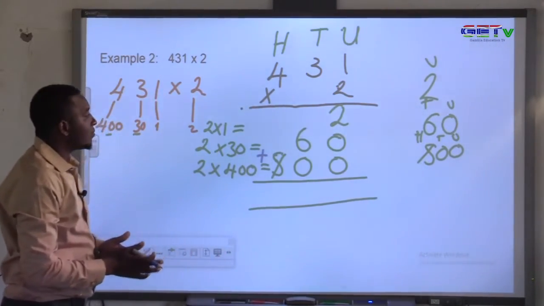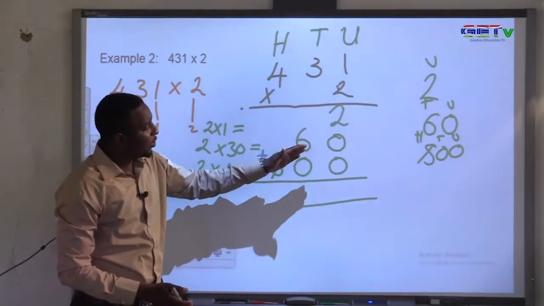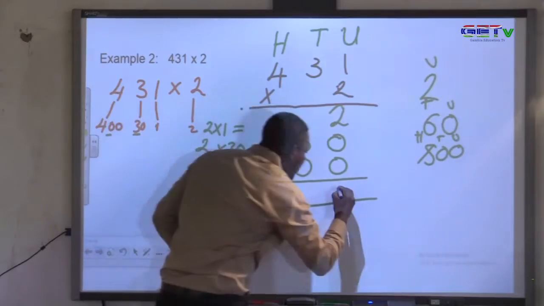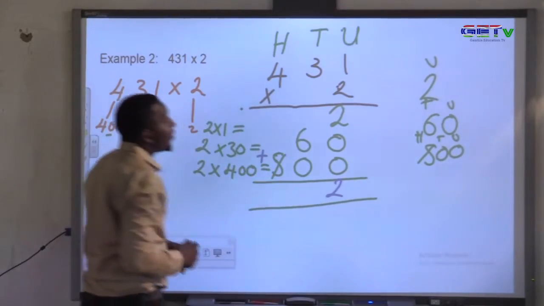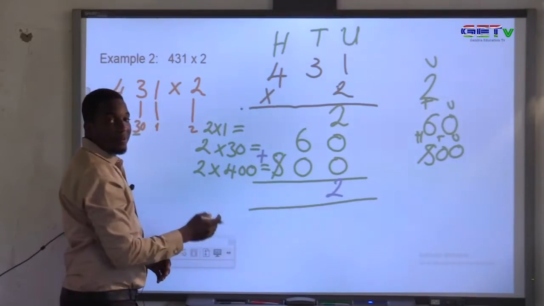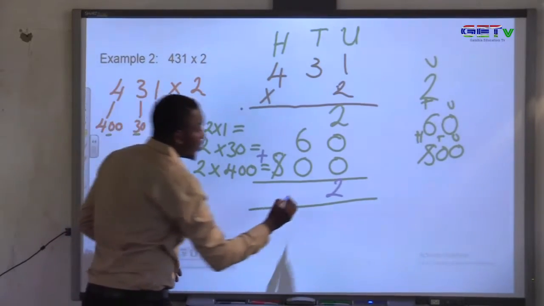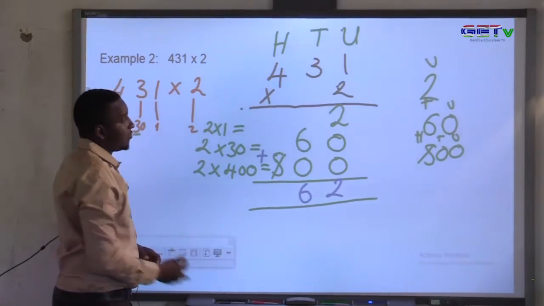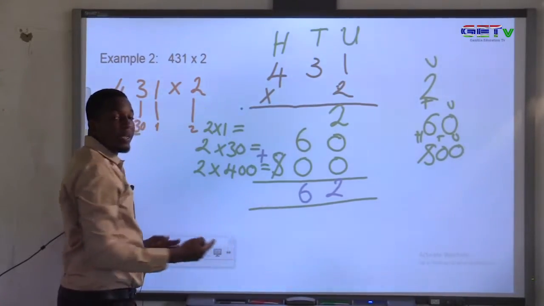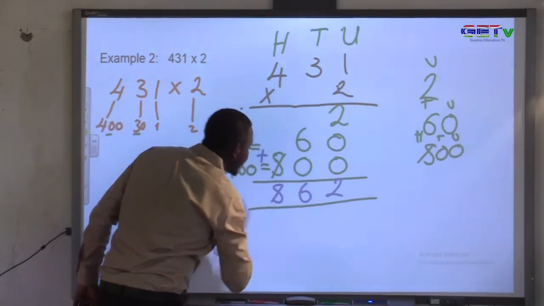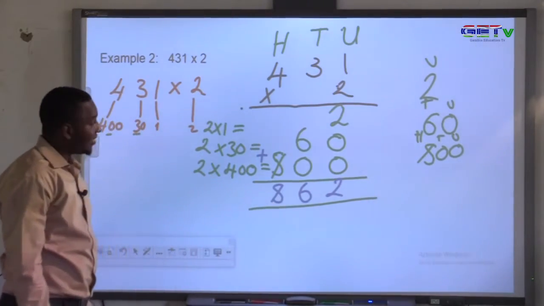Addition. 2 plus 0 is 2. We write 2 under the unit column. 6 plus 0 is 6. So we write 6 under the 10th column. Well, under the 100th column we only have 8, so we just bring it down. What do we realize?